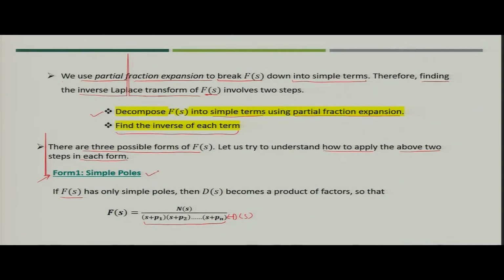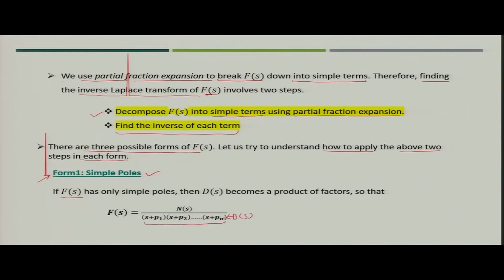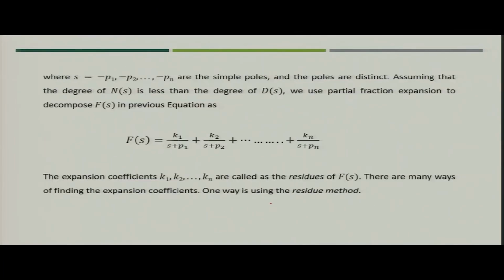Then you can use the simple pole approach to find the inverse Laplace transform. What are p1, p2 and pn? These are the simple poles of the Laplace transform function.